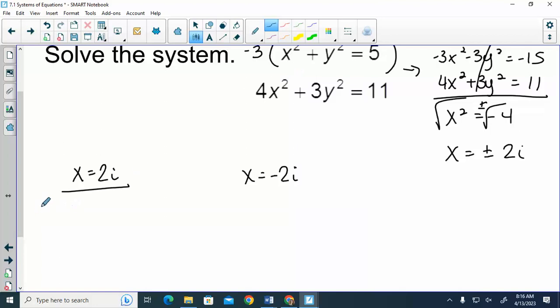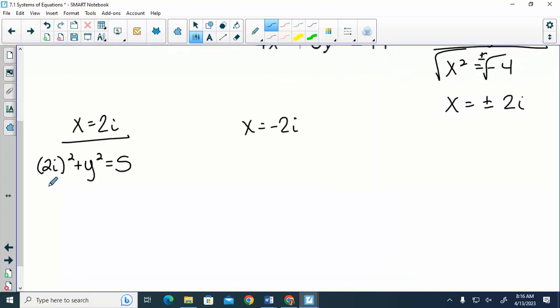So if you put in a 2i, you get 2i squared plus y squared equals 5. 2i squared. So if you take 2i times 2i, what do you get? 4i squared, which is negative 4. Okay, so if I add my 4 over, we get 9.